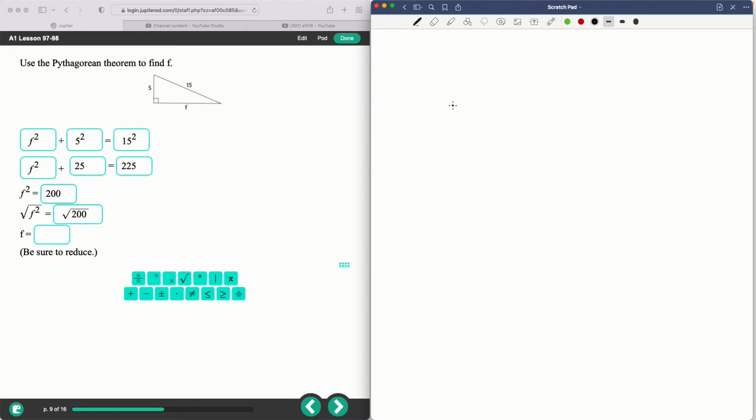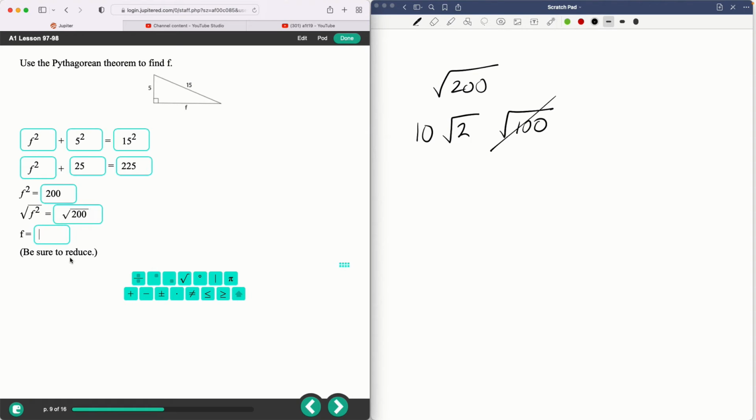And if I come over here and simplify the square root of 200, I'm going to get square root of 2 times the square root of 100, right? 2 times 100 is 200. I know that's going to be 10. 10 times the square root of 2 is my answer. 10 times the square root of 2. Check it. It's all correct.